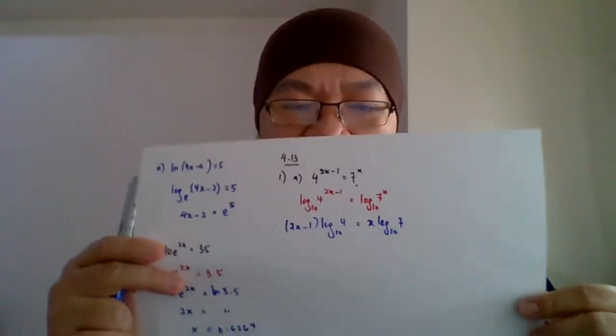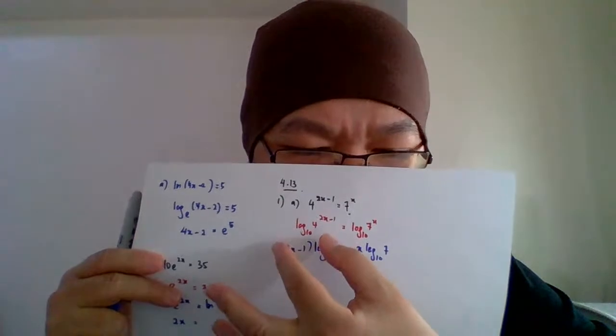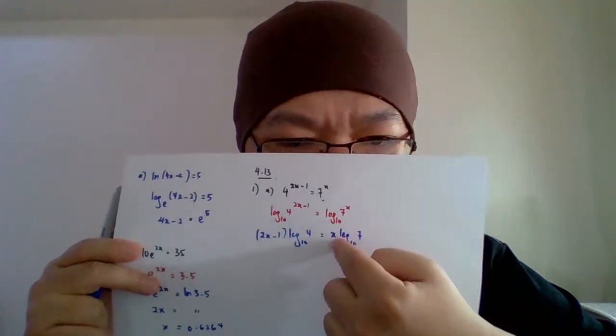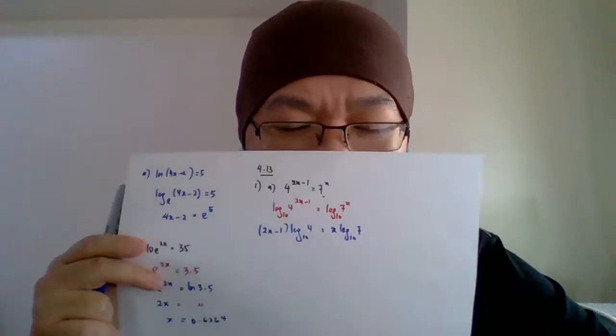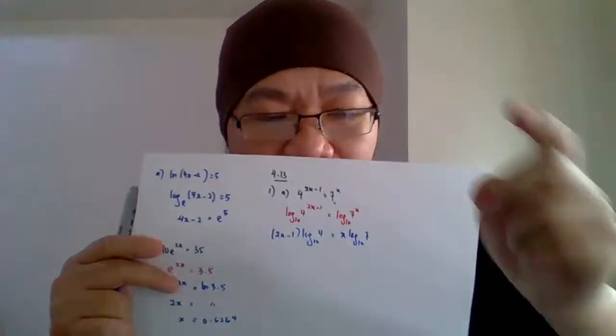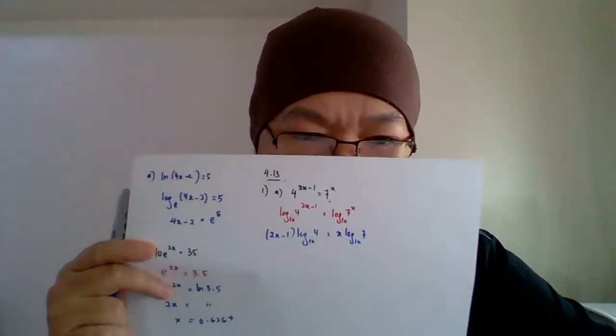The power that has an operation I put inside a bracket, but this x stands alone, so just put x. Okay, next step, you need to expand. After that, you need to regroup the x on one side and the number on the other side.